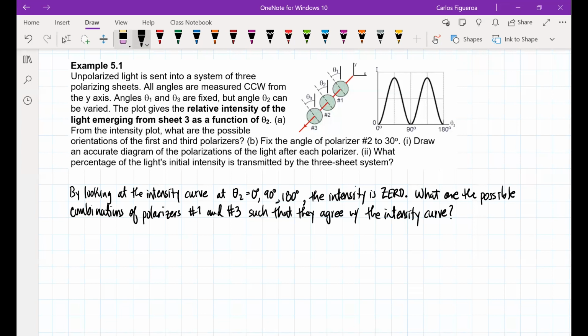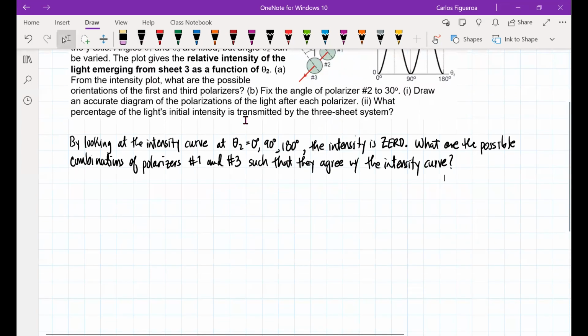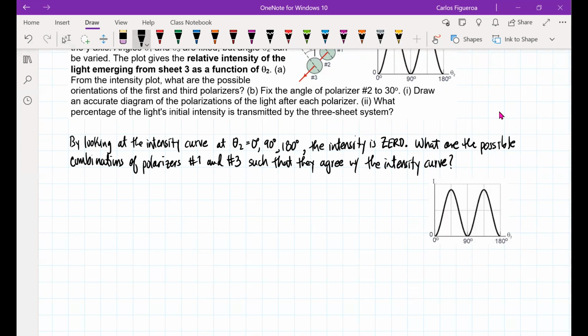Okay, so let's look at that. I'm going to keep my curve right here so that we always have it. What we're finding is that for polarizers number 1 and number 2, the angle between them is going to be theta 1 and theta 2.